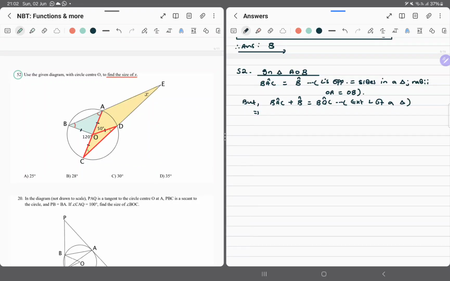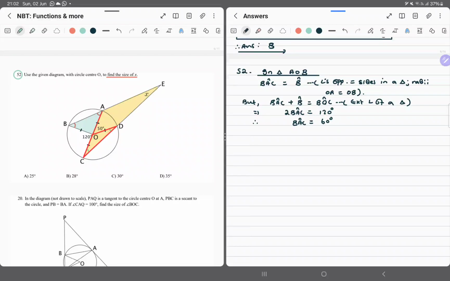This implies, since these two are equal and we're interested in BAC, we'll just say twice angle BAC is equal to 120 degrees. Therefore, angle BAC is equal to 60 degrees. So we have found the angle of interest. So this is an intermediate answer, so we're not going to underline it.